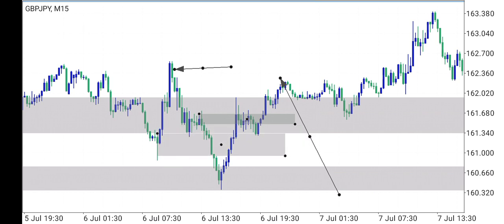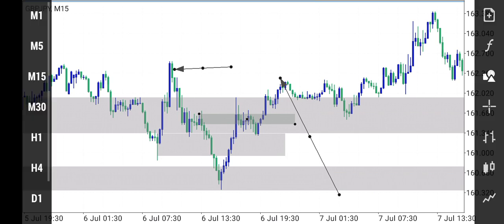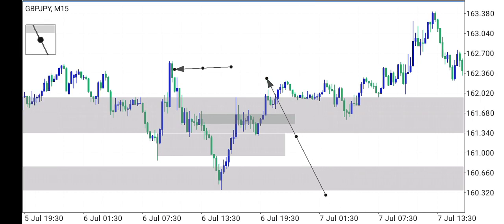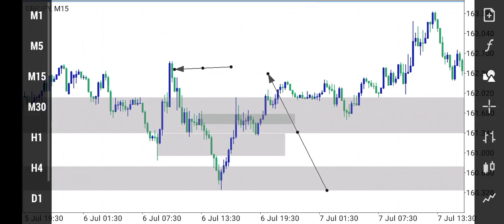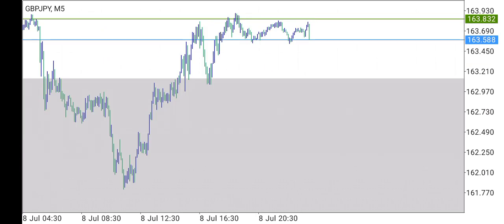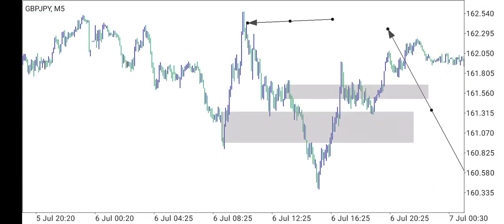It must do an ABC pattern before it moves in our direction. So as you can see, as I saw this, for my entry, I can go to 1 minute or 5 minutes.